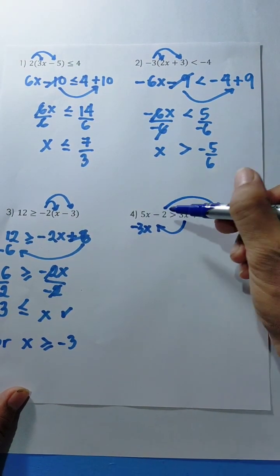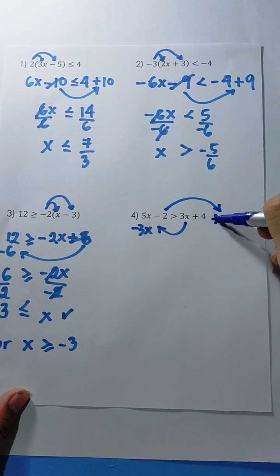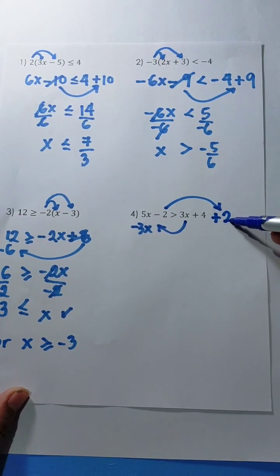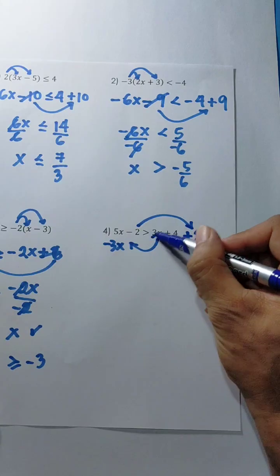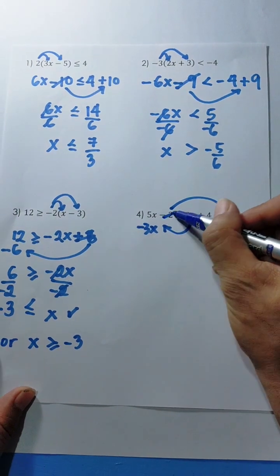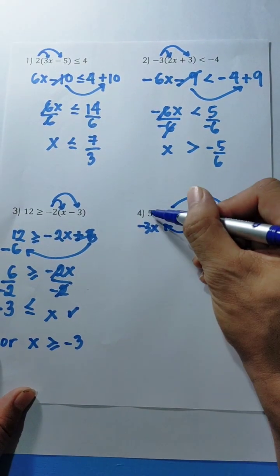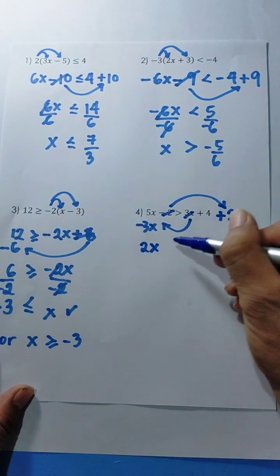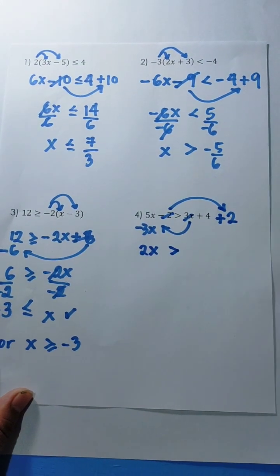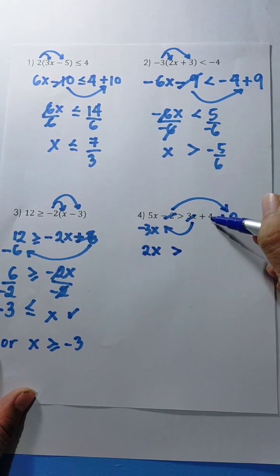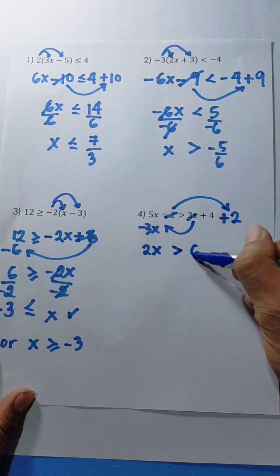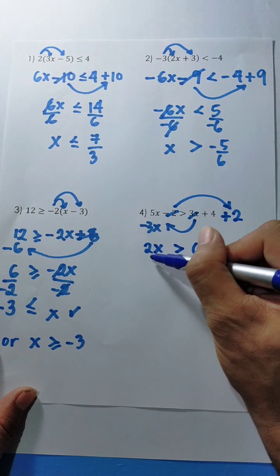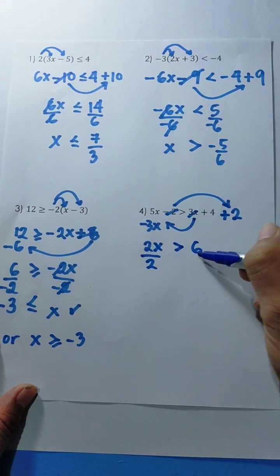That is negative, so it will become positive 2. This is gone already and gone. 5x minus 3x is 2x. 4 plus 2. Remove the 2.